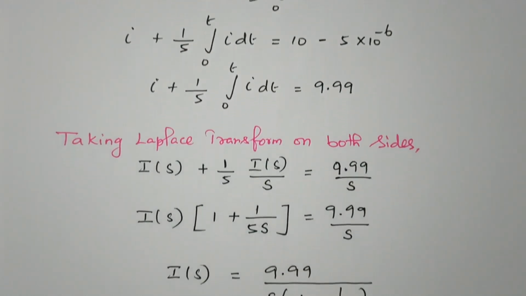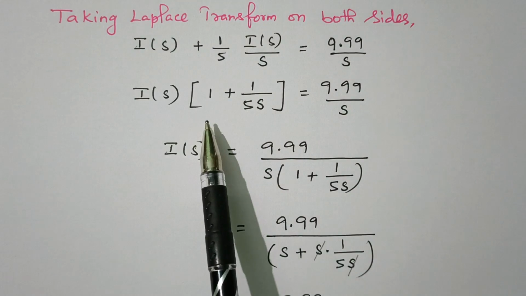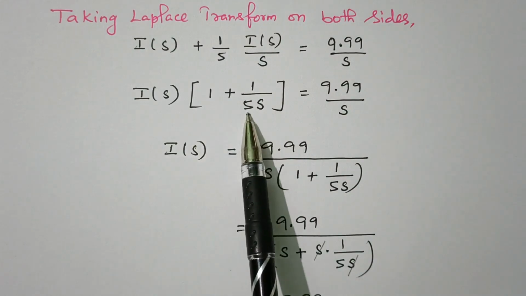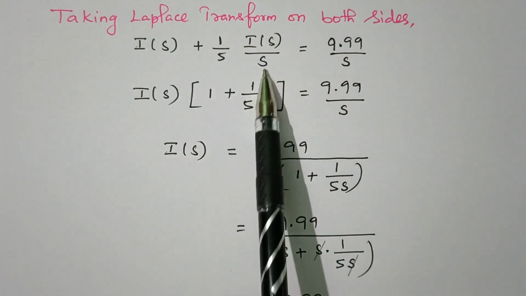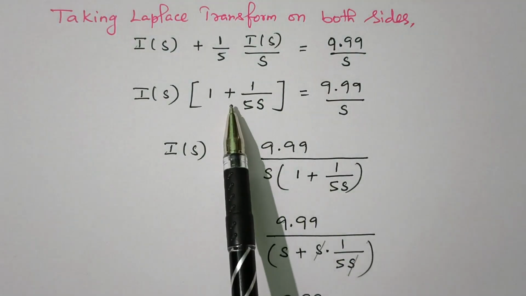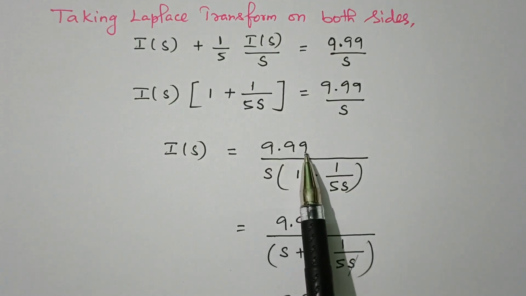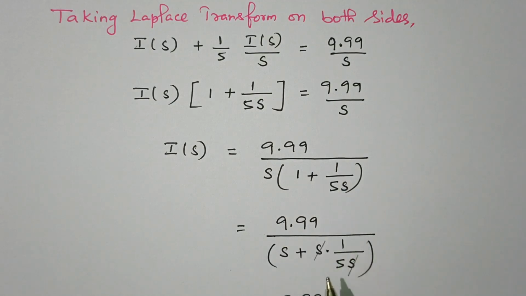Now we'll go for further simplification. Take this I(s) outside, so it becomes 1 plus 1 divided by 5s, that is equal to 9.99 divided by s. Bring this term in the denominator to that side: 9.99 divided by s into 1 plus 1 divided by 5s. Multiply this s inside: s into s plus s into 1 by 5s, divided by s.